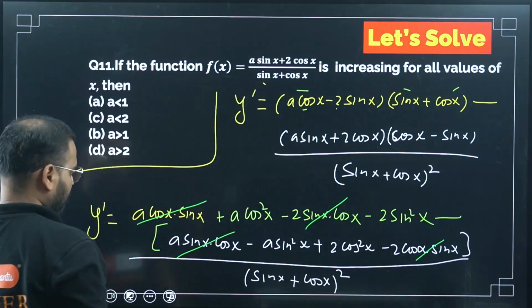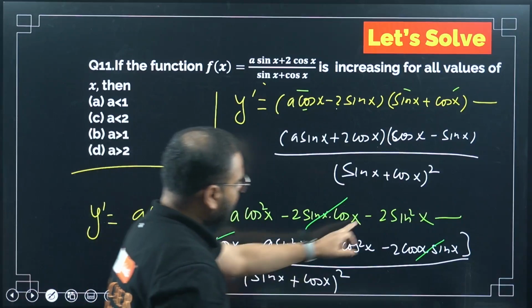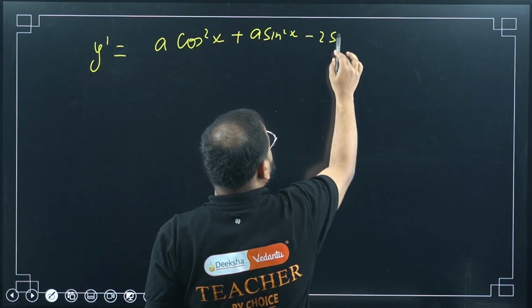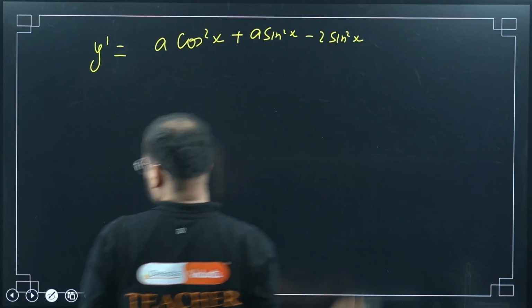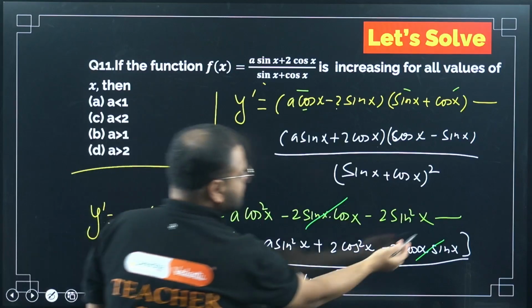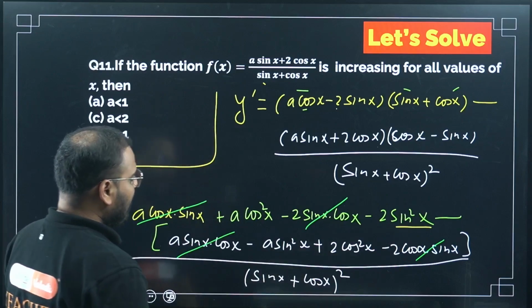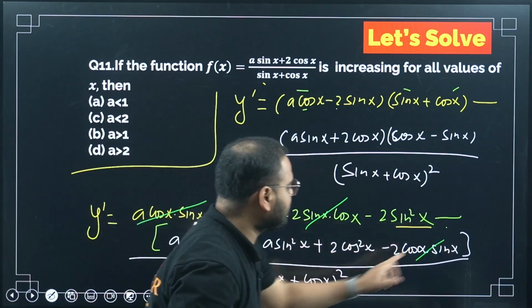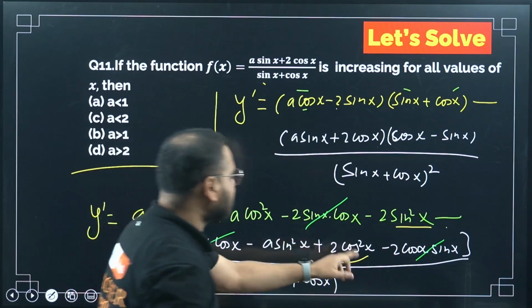So this and this I've taken. Now minus 2 sin square x. And with this, a minus sign with this plus sign, I'll get minus 2 cos square x.